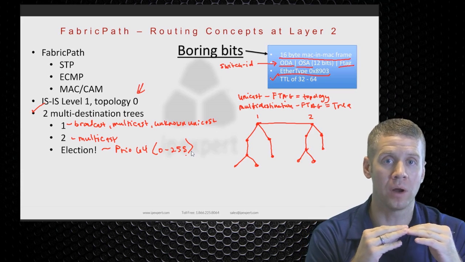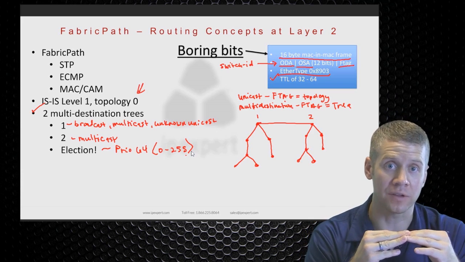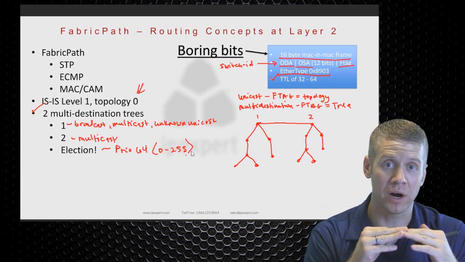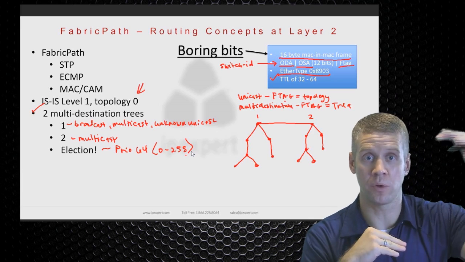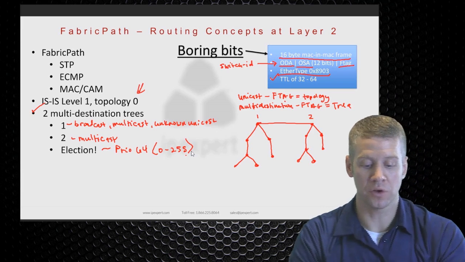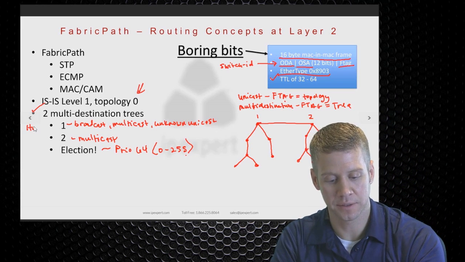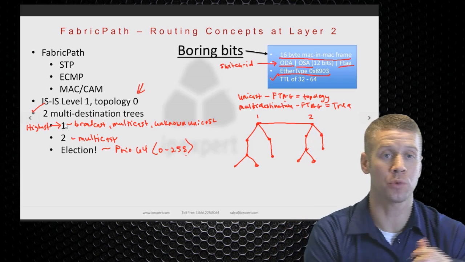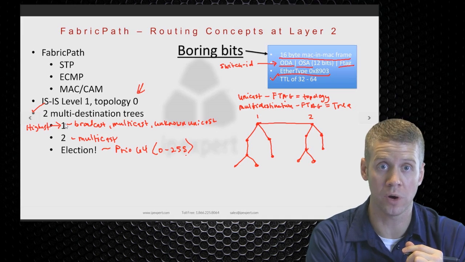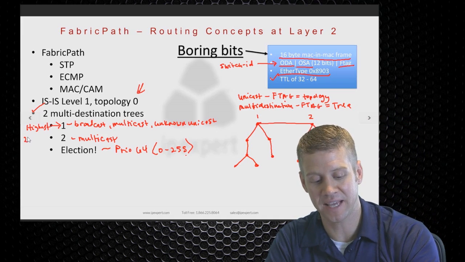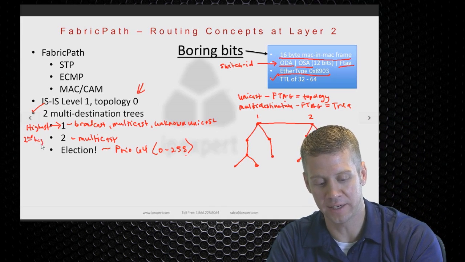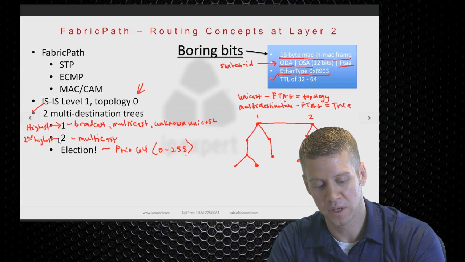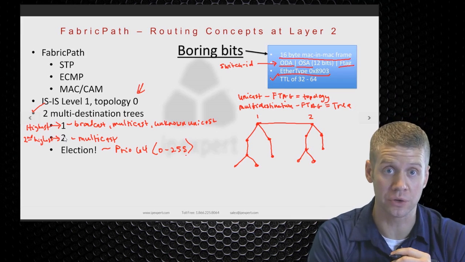So when we go and we want to manually configure this, we want the highest priority to be on the switch that we want to be the root for tree 1. So whoever is the highest, whether that is our switch ID or our priority, is going to be the root for tree 1. Whoever is the second highest is going to be the root for tree 2.